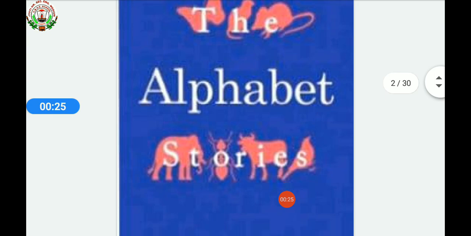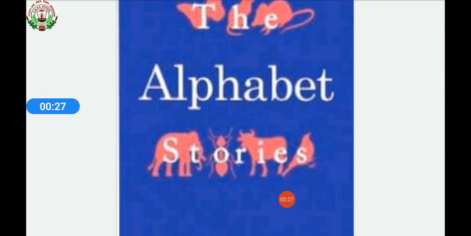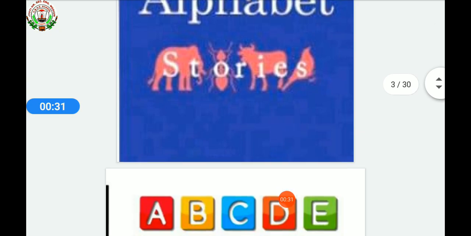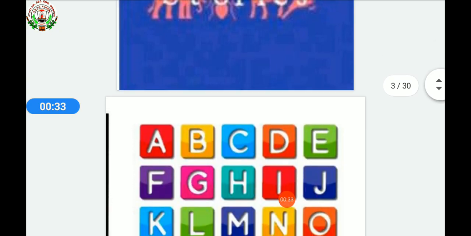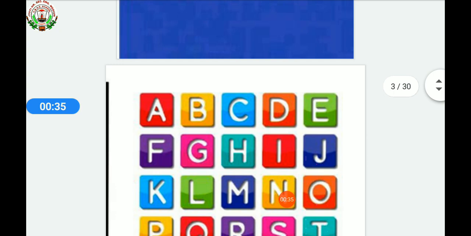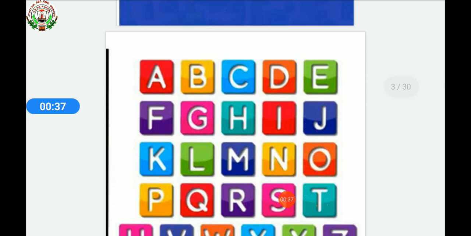But before starting the class, let us know first what the alphabets are. Children, alphabets are the set of symbols which are called letters, like letter A, letter B, letter C. All these are a set of symbols which are arranged in order and are used for reading and writing languages.